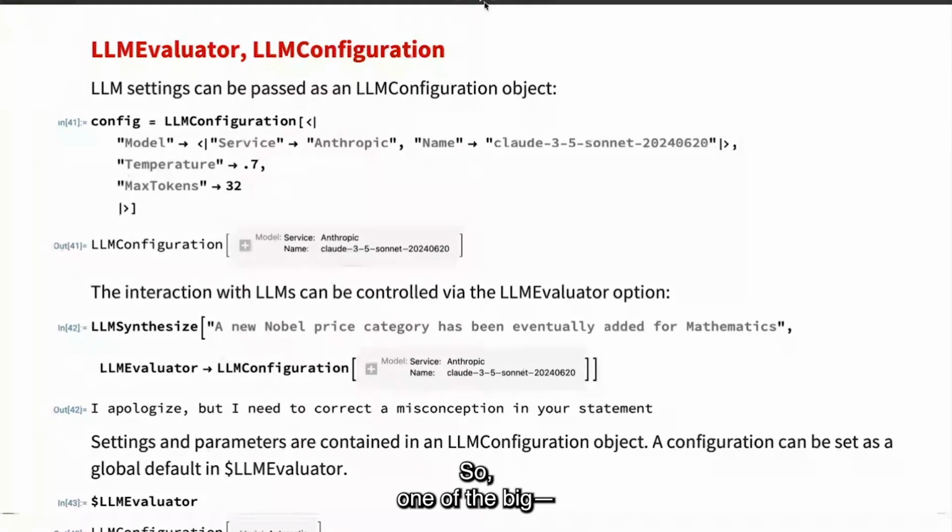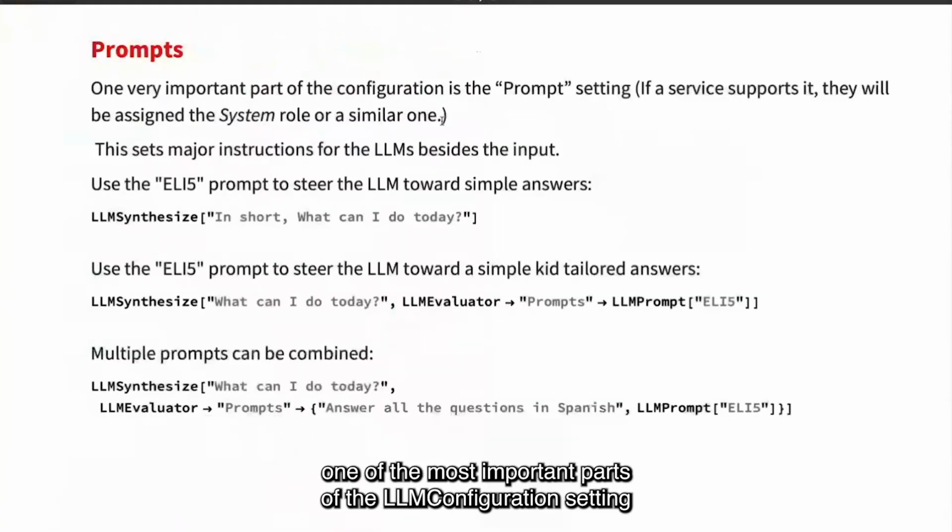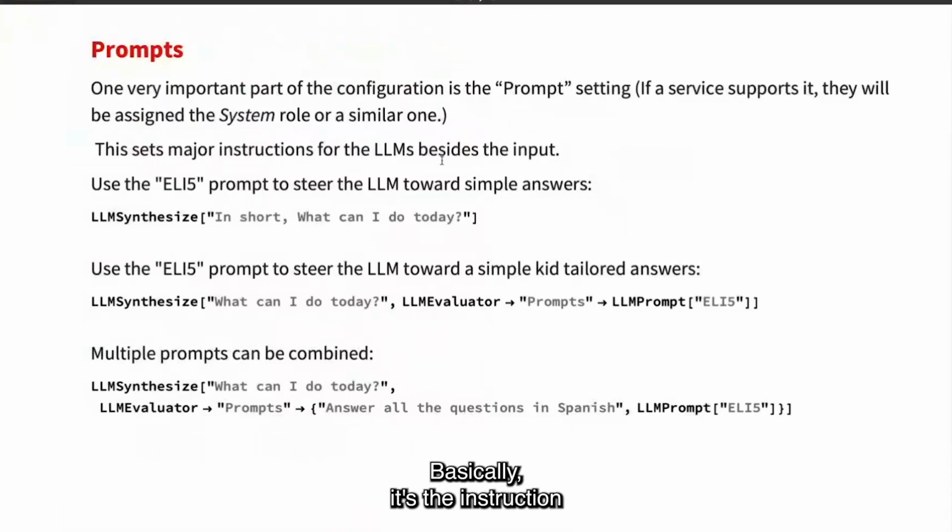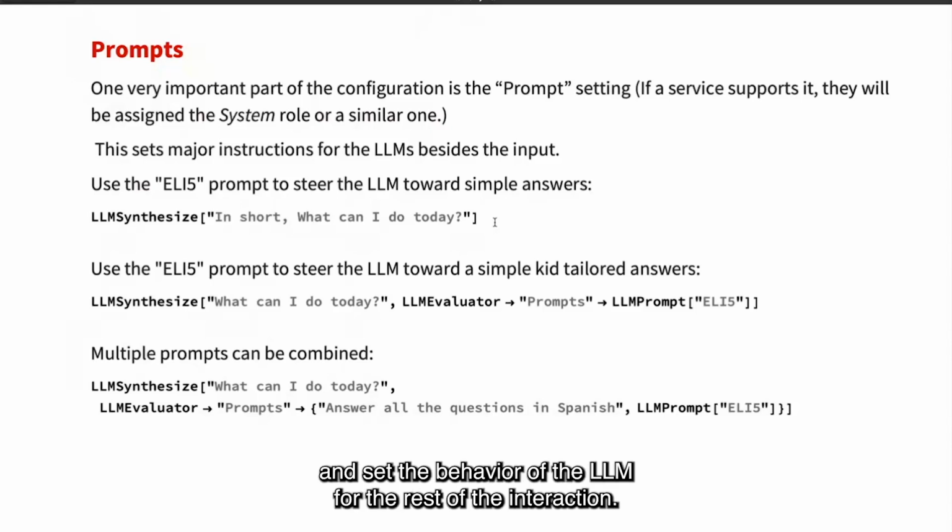So one of the most important parts of the LLM configuration setting is the prompt. Basically, it's the instruction we already saw in previous slides, but those are passed as system instruction and set the behavior of the LLM for the rest of the interaction.